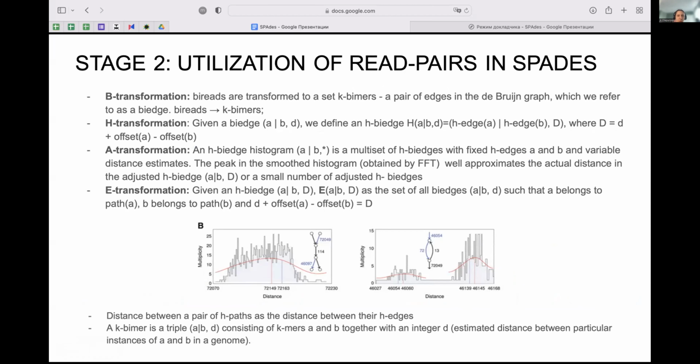The first transformation transforms BiReads into K-bimers, a pair of edges in the de Bruijn graph, which we refer to as a bi-edge. So BiReads transform to K-bimers, or bi-edge.